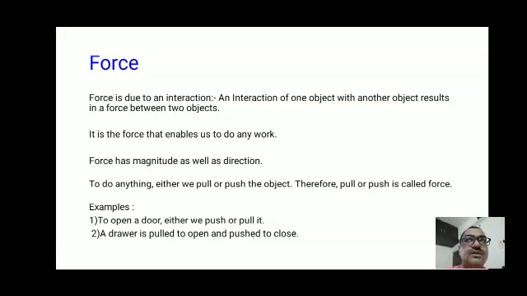Students, you already learned in 8th standard that force has magnitude as well as direction. Magnitude means value, so force has its value and direction also. We can measure it in Newton. 5 Newton force acts on an object, 10 Newton acts on an object, and in which direction it is acting.